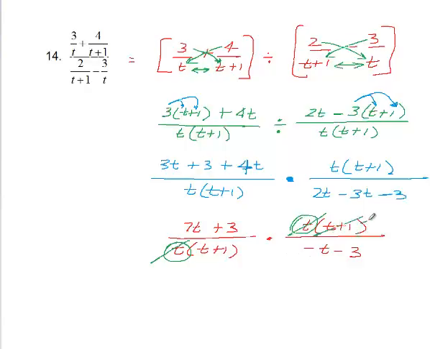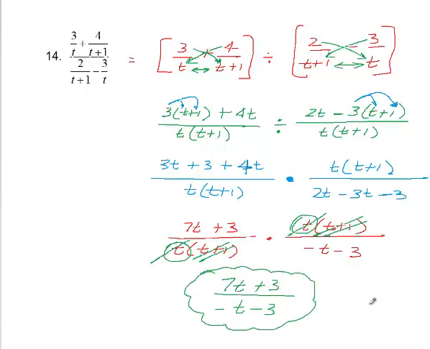I can do t plus 1 with t plus 1, and nothing else cancels. So on top, you're left with 7t plus 3, and on bottom minus t minus 3. Nothing to factor, nothing to cancel, so there's your final answer. That's number 14 on page 35.